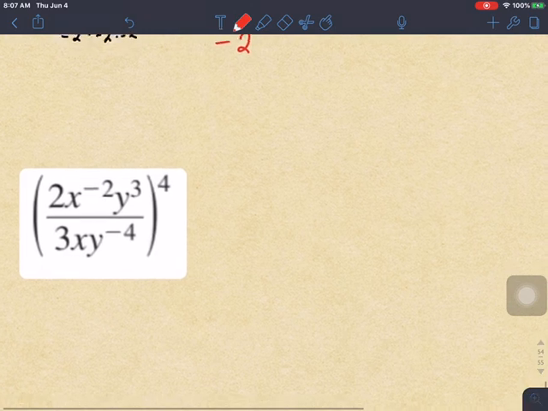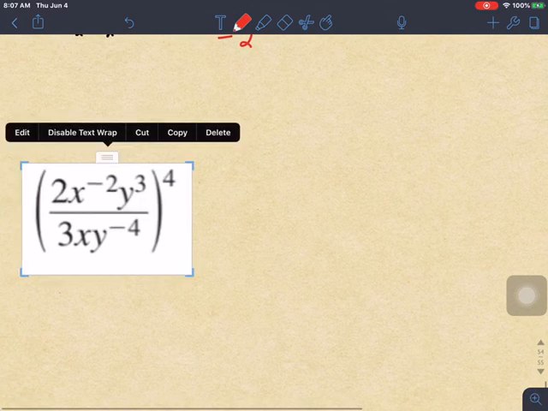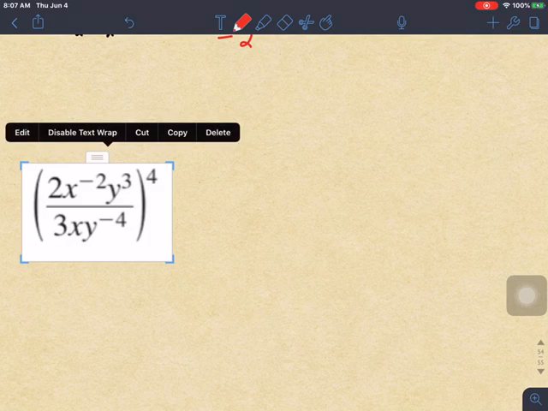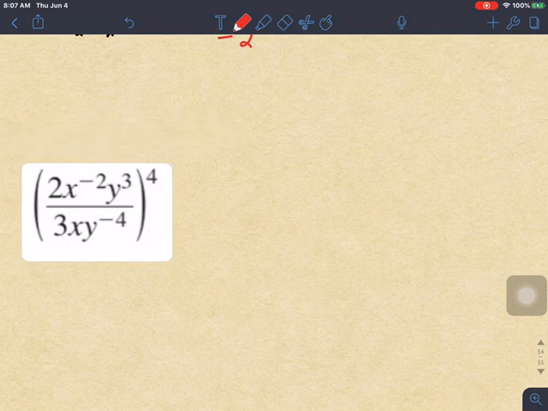The next one looks rather complex. I'm not going to lie to you, it is rather complex. It has a lot of steps, so let's just talk about what the first step is. The first step is understanding that there is a power on the outside, and we're going to raise every power on the inside of the parentheses times 4.